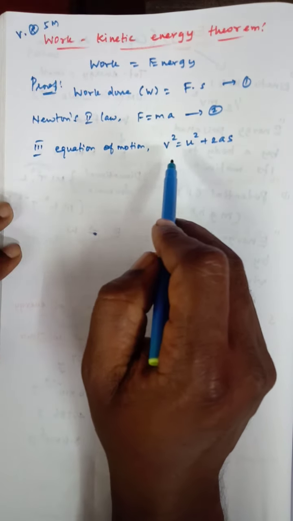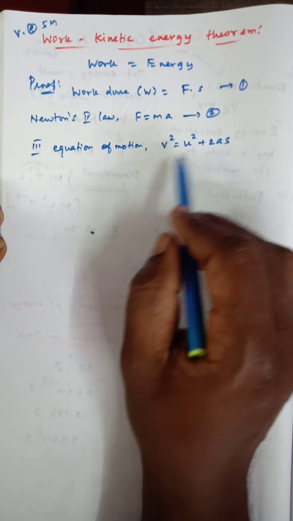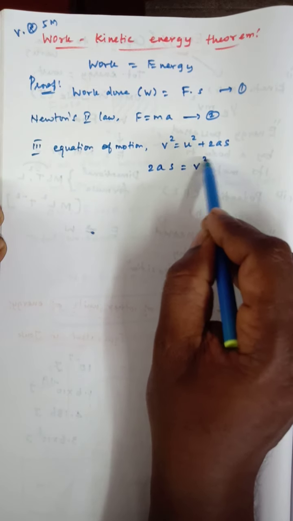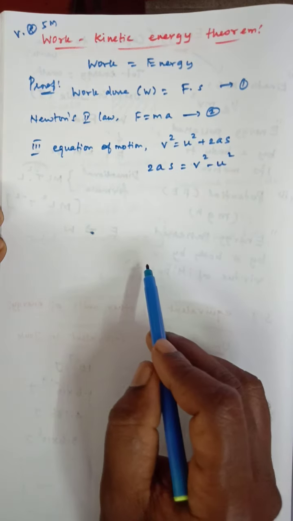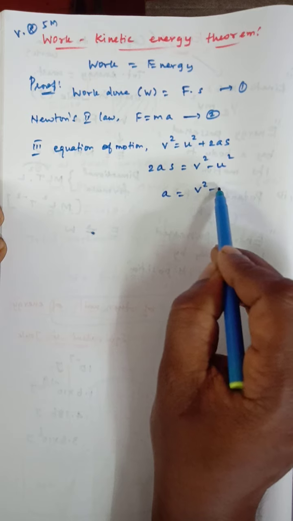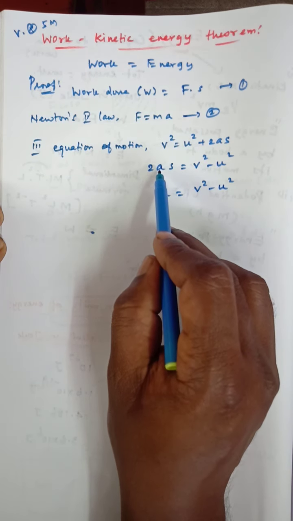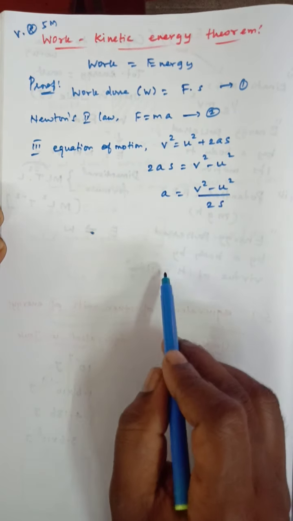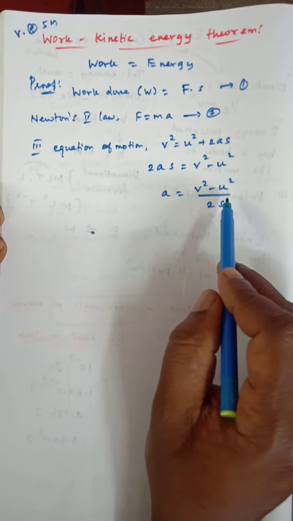First, keeping the acceleration on one side, 2AS is equal to V square minus U square. We want A only, so 2 and S, which multiply A, come to the other side as division. So A is equal to V square minus U square by 2S.